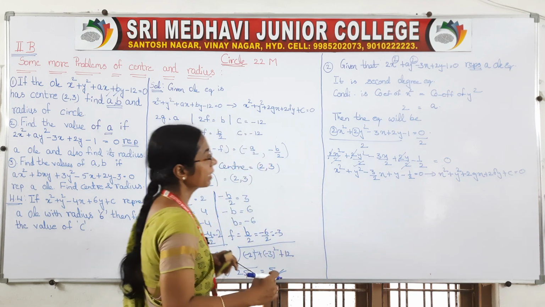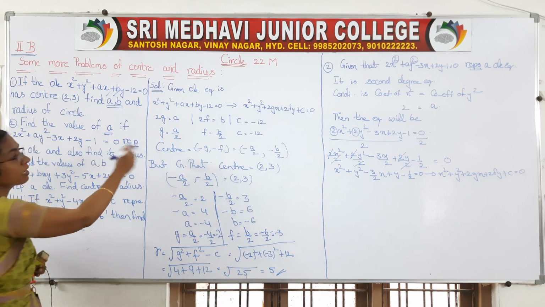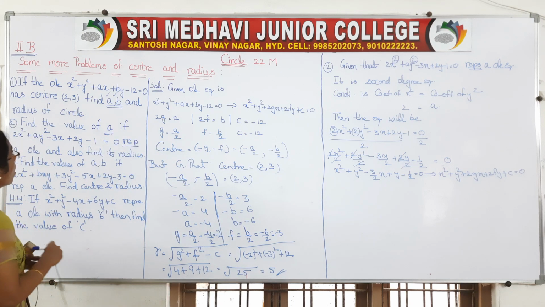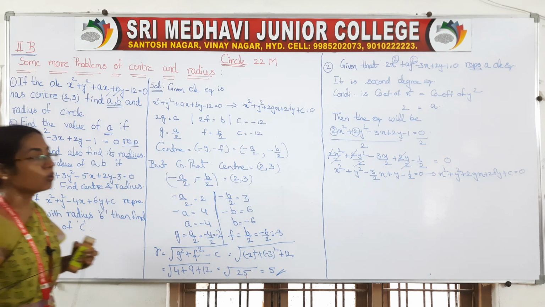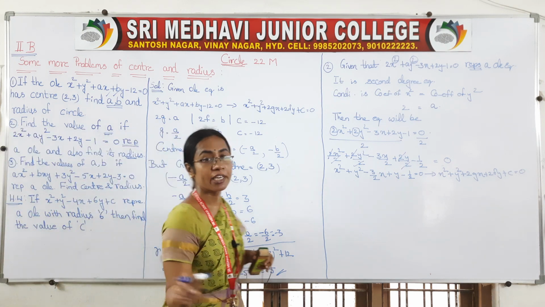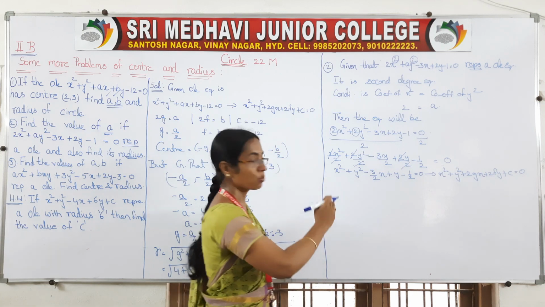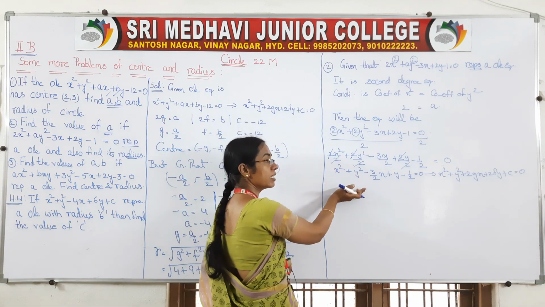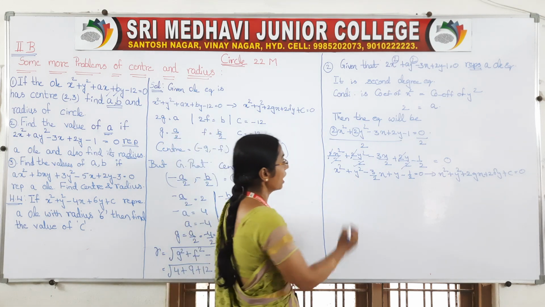Why are we comparing? Actually, in this question, first we have to find the a value, which we got. Afterwards, find its radius. To get the radius we need g and f values. To get g and f values we compare with the general equation, then automatically we get our g and f values.